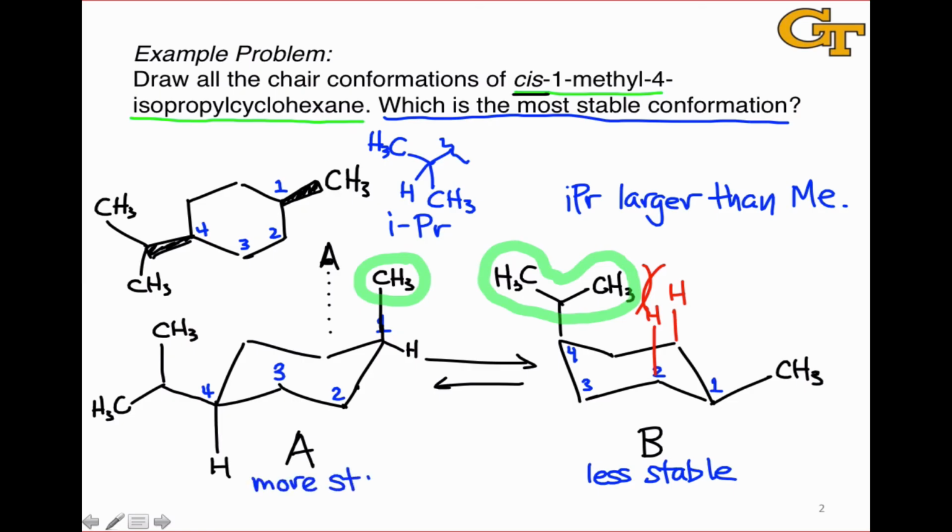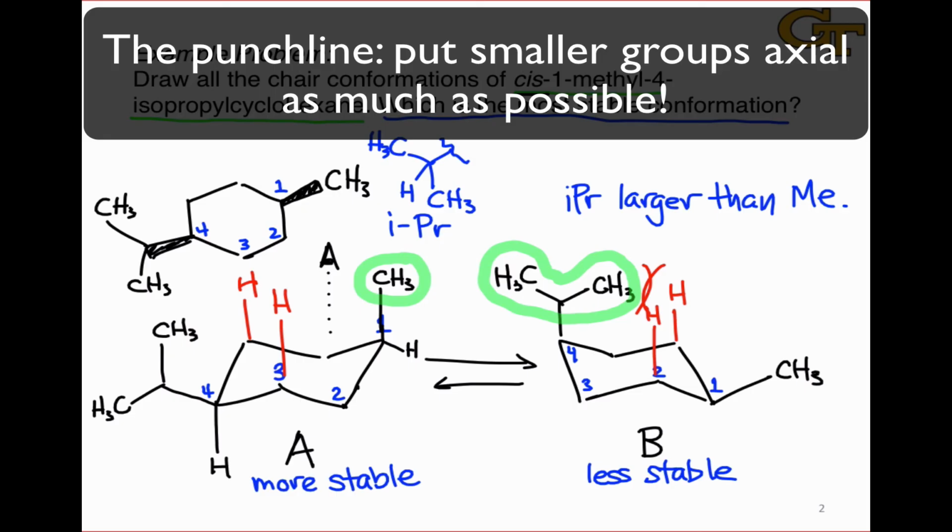Because although it does have some 1,3 diaxial interactions going on between the CH3 and the axial hydrogens here and here, they're clearly not as severe as those going on with the larger isopropyl group. So the more stable conformation in this case is structure A, our rightward slanting chair with the methyl axial and the isopropyl group equatorial. In problems like this, you can essentially ignore the contribution of the equatorial substituent to the overall energy of the conformer. It's really about which substituents are axial and their relative sizes in the 2 chair conformers.